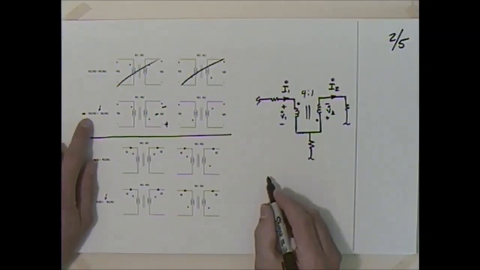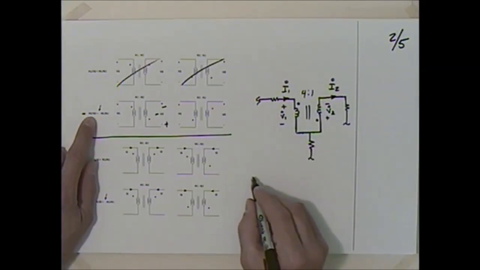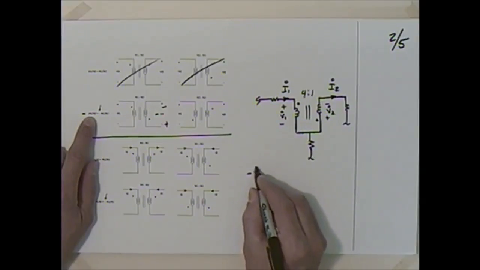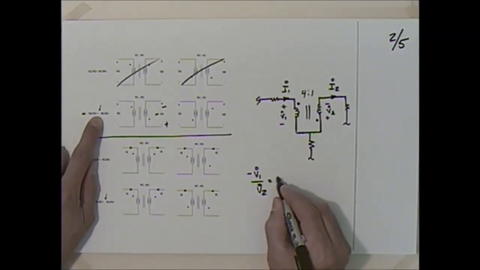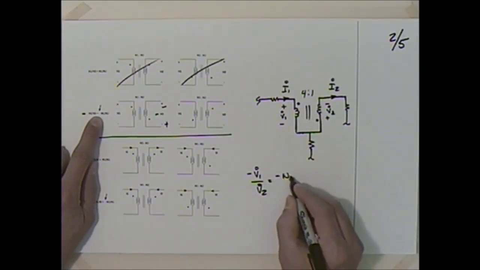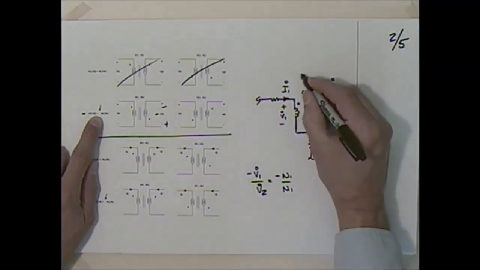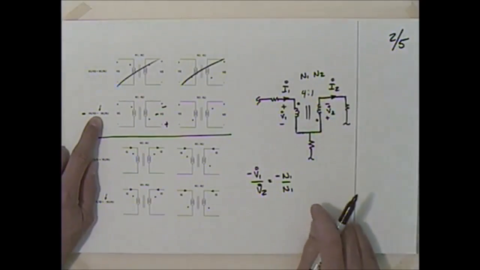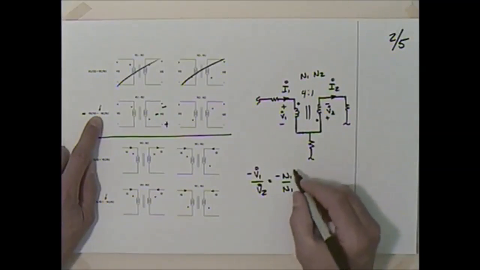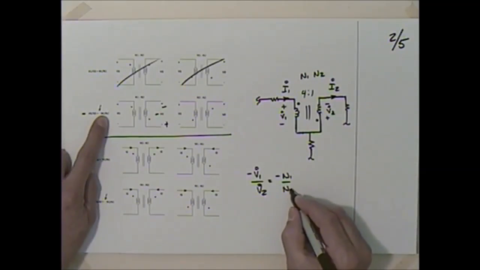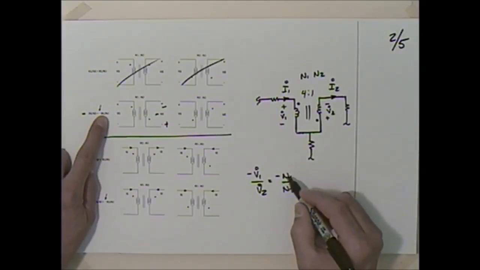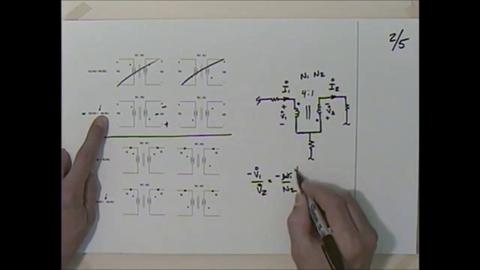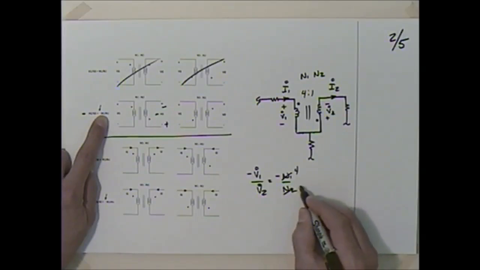So if I go along and use this, I could say that minus V1 over V2 is equal to minus N1 over N2, where this is, of course, our N1, and this is our N2. If I rearrange that equation and tidy it up, N1 was 4 and N2 is 1.